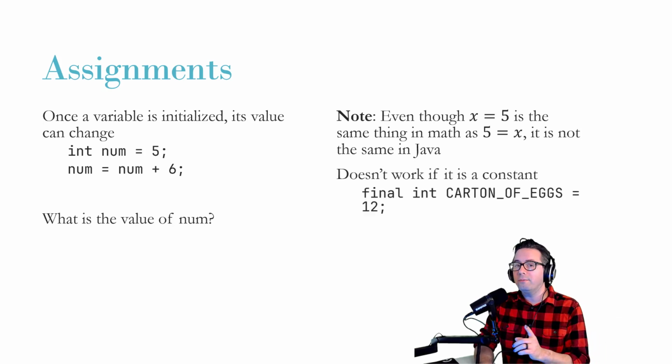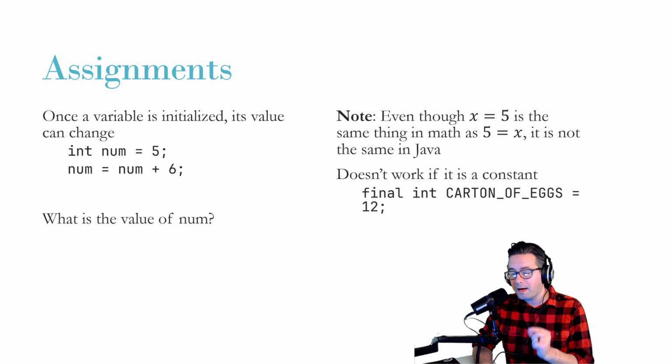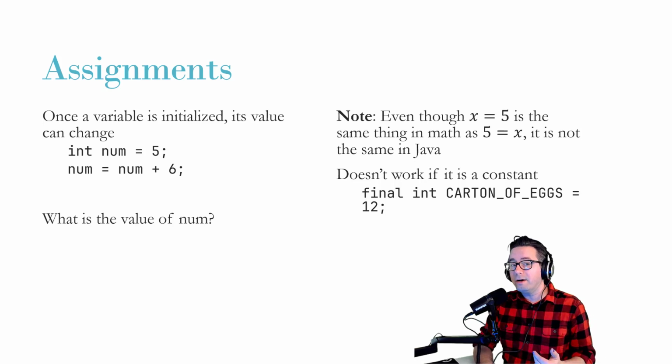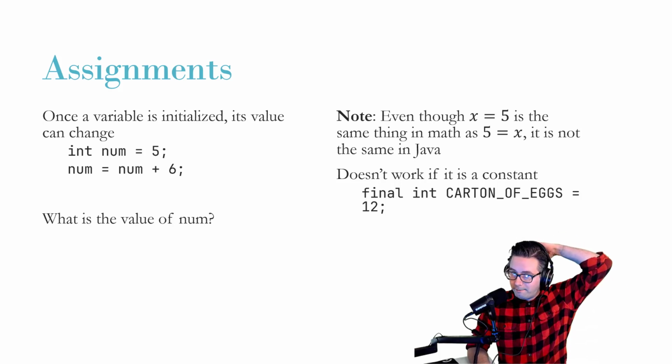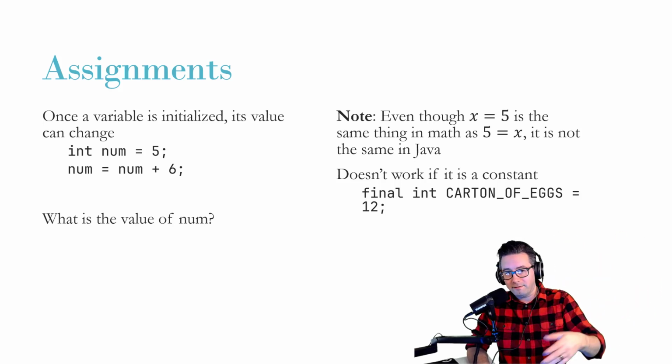Anyways, there's one other thing that we can do, which is constants. These are different things. When we put final before the int, as in this case with carton of eggs, it's customary for constants to be written in all capital letters to indicate that it is a constant. We say that it's constant by putting final at the beginning and using all caps.